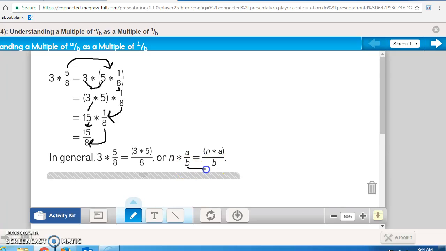Notice the letters do not change for our denominators. Notice that once we said that 3 times 5 is going to be our number, we left 3 being n, we left 5 being a. We're just carrying those letters forward.